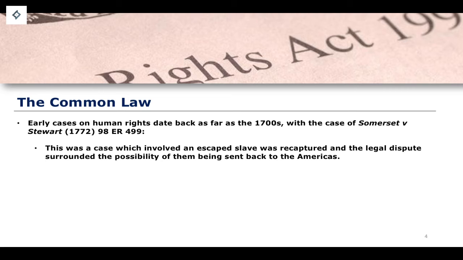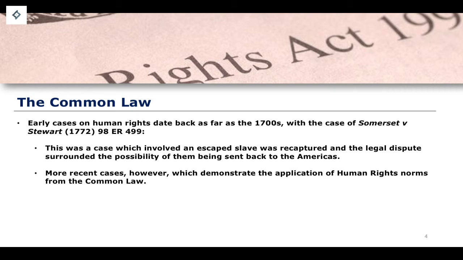But ultimately, this was a case which involved an escaped slave who was recaptured. And the legal dispute was around the possibility of sending this slave back to the Americas, and the question of whether or not that was a legal recourse that could have been implemented.